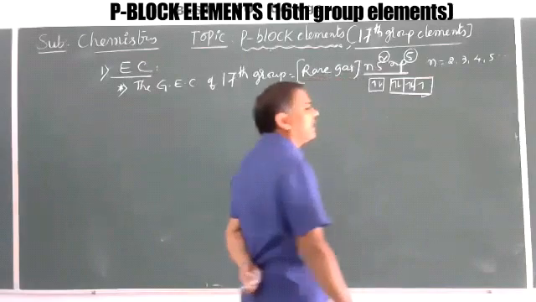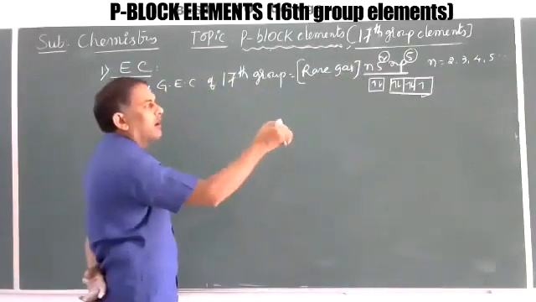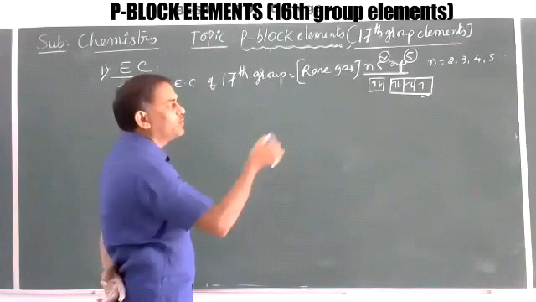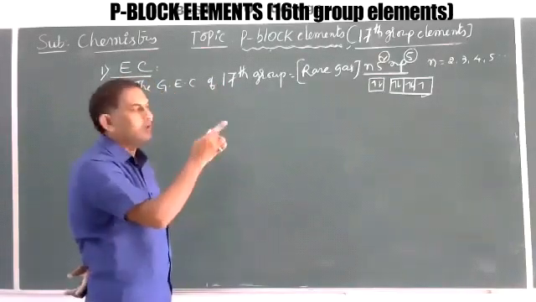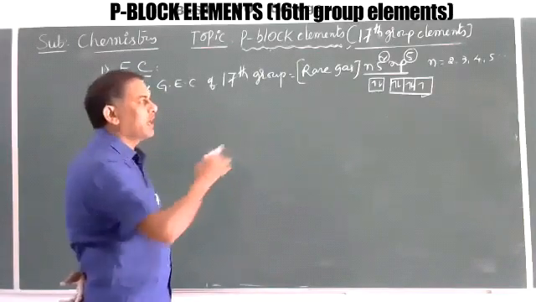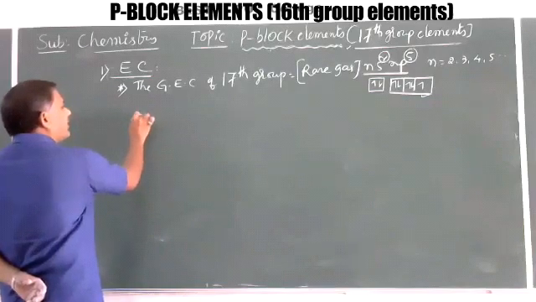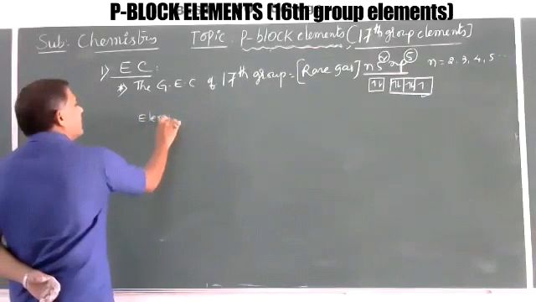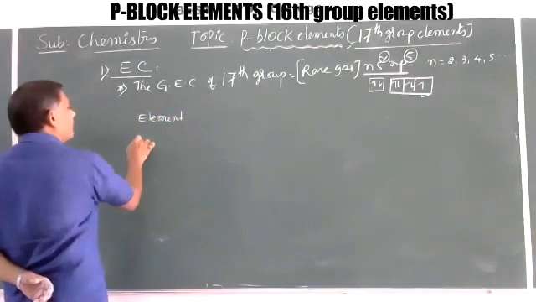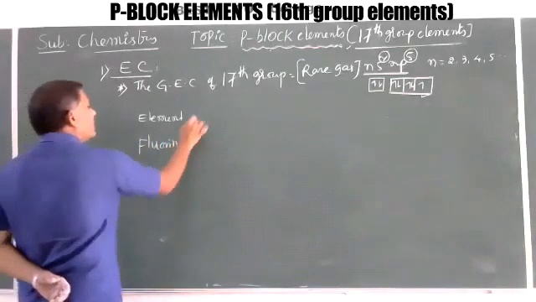Due to the presence of this unpaired electron, they are ready to take mutual sharing to form one covalent bond between fluorine-fluorine or chlorine-chlorine or any halogen and halogen atoms. On this basis, the first element is fluorine.